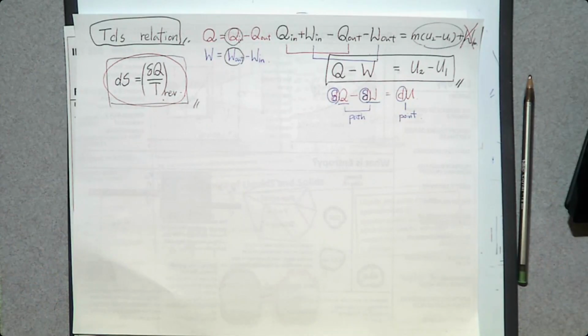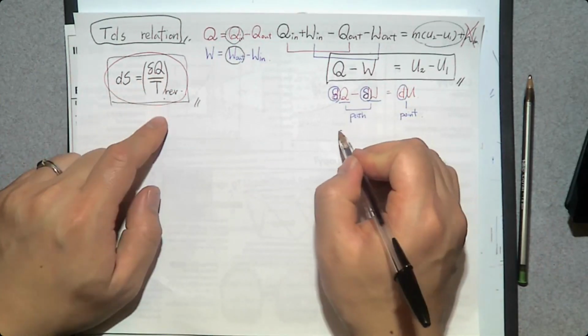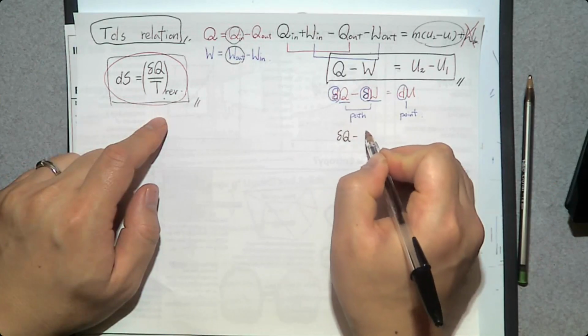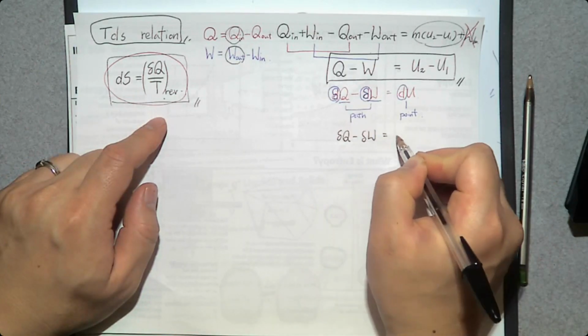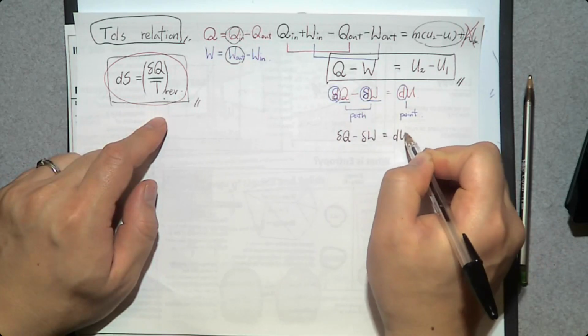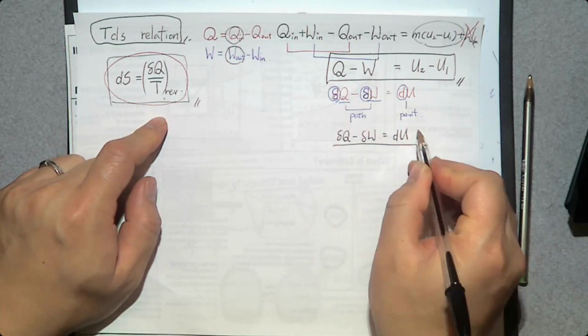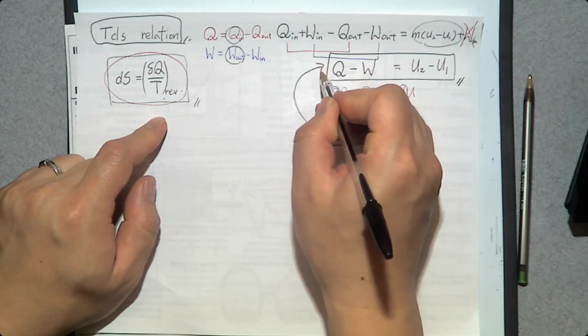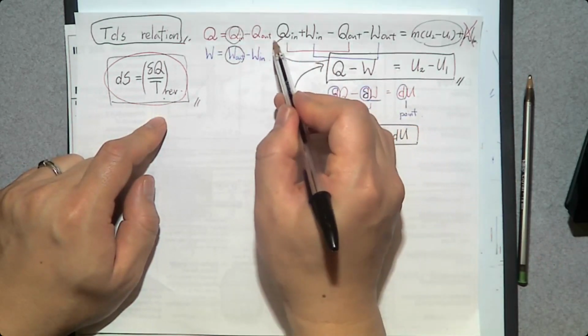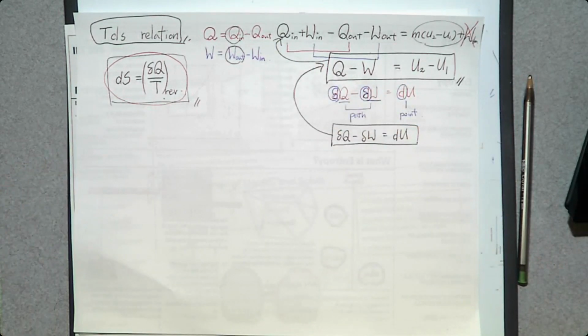This one: del Q minus del W is going to be the difference in U. This is the differential form of this energy balance equation. This energy balance equation is from this. Okay? Nothing new. We just came up with the main energy balance equation that we studied in chapter 3, simplified it, and then converted that equation into a differential form.